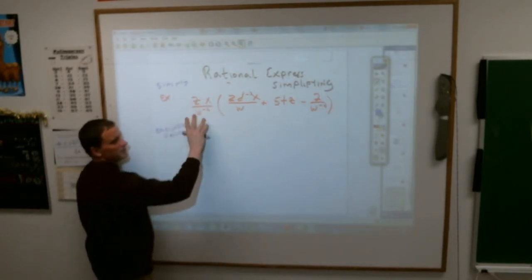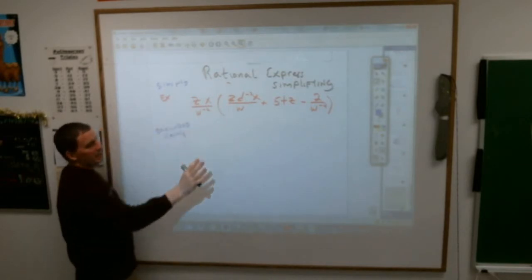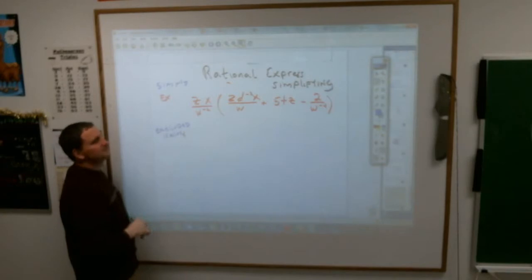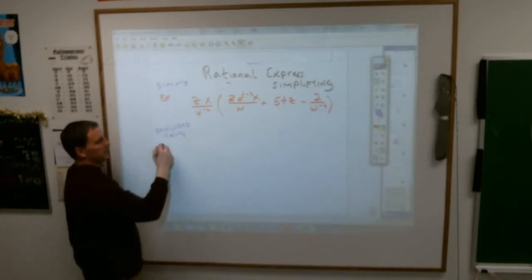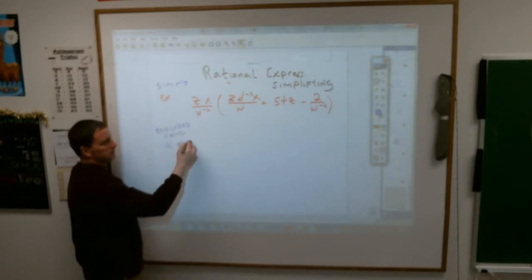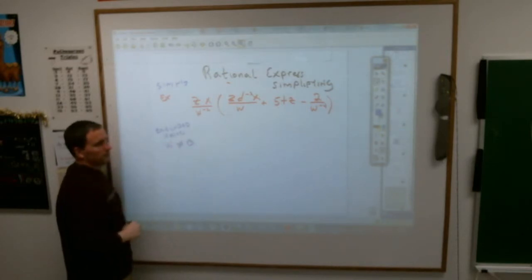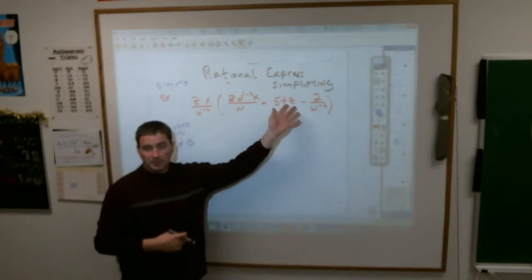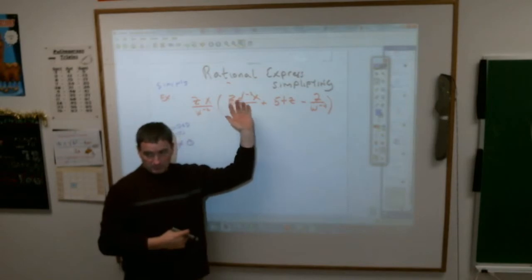Notice that z, x, and w could be any numbers at all. Morgan? When w equals 0. Right, so if the book asks you for the excluded values, you'd have to say w cannot equal 0. Because if you put a 0 in for w, you'd get a 0 on the bottom of the fraction, and zeros can't happen. Got that?